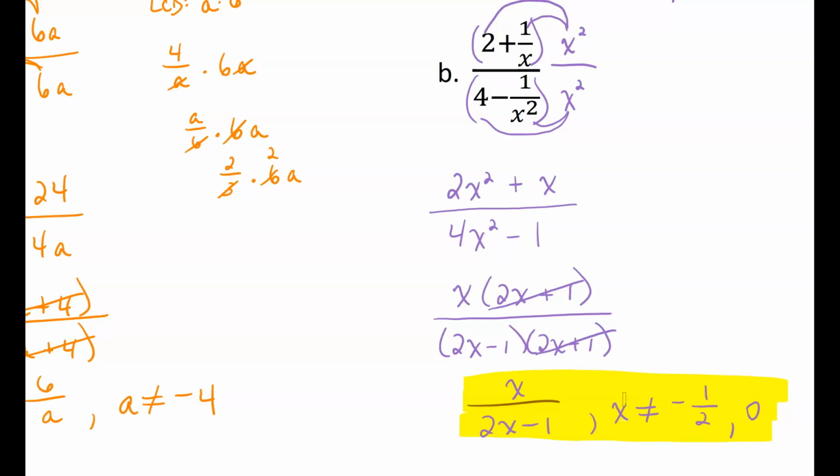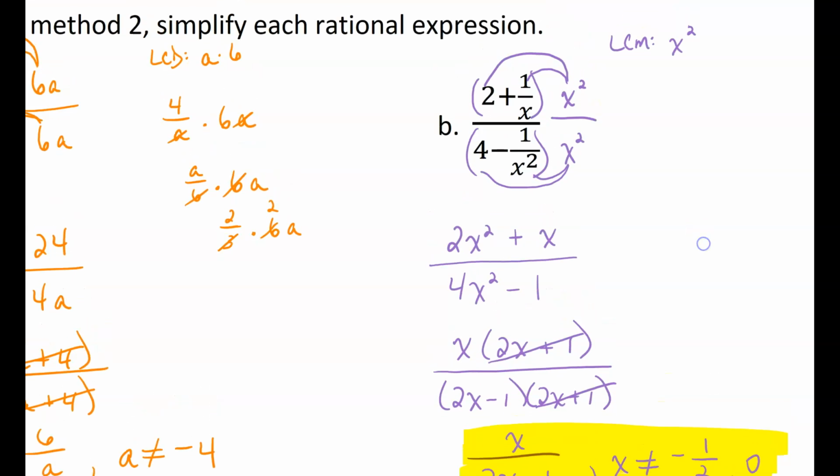Yes, Lola. Why did you do x squared by both, in the numerator and denominator? Okay, because we had a single x in this denominator here and an x squared. So that means the least common has to be the higher degree.